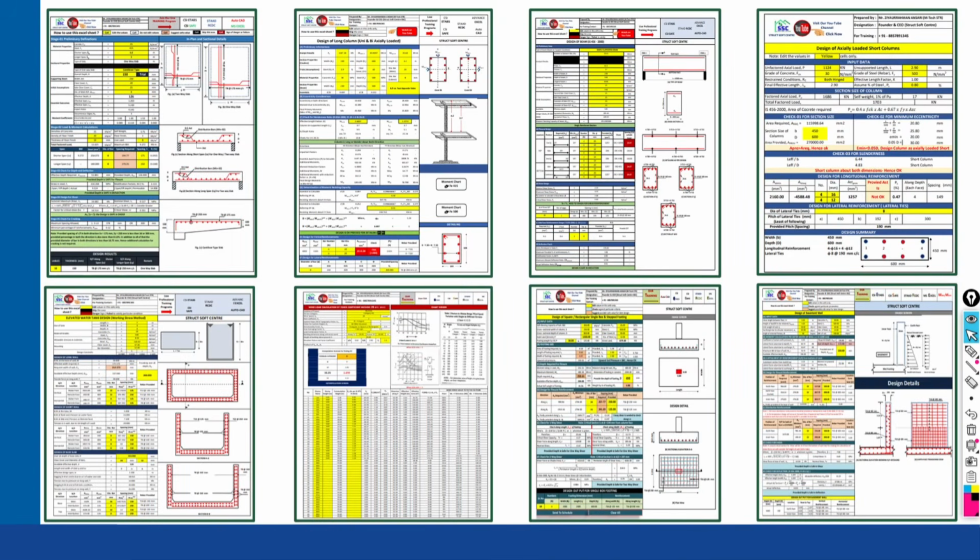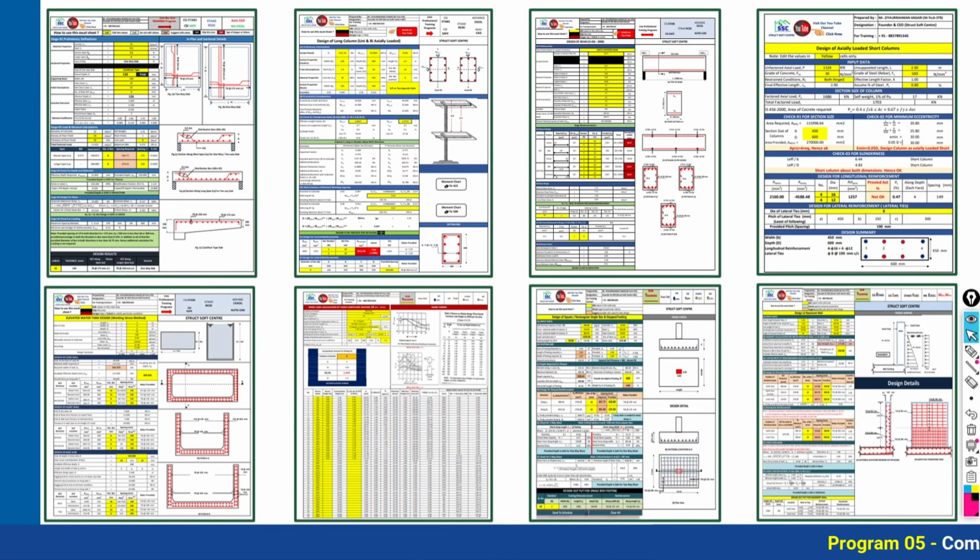Now, at different stages, we need to take the help of spreadsheets. First is to do the load calculation, second is to do the validation, and third is to do the actual design of different structural elements.